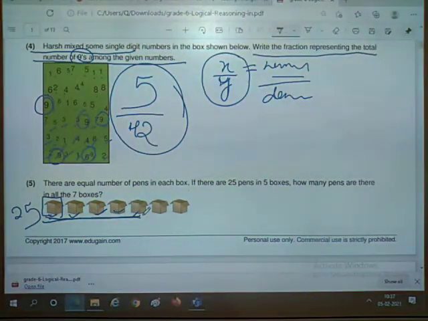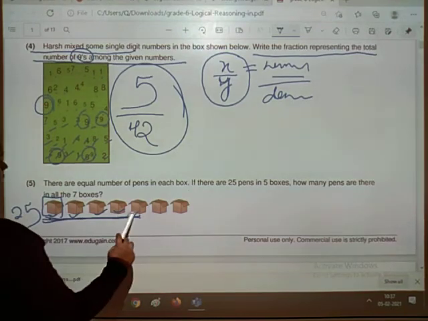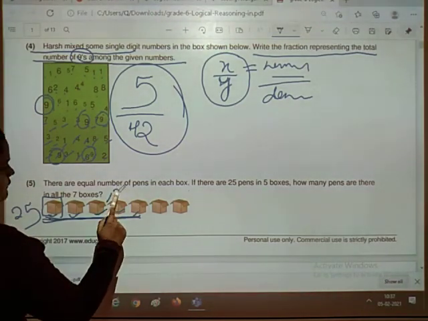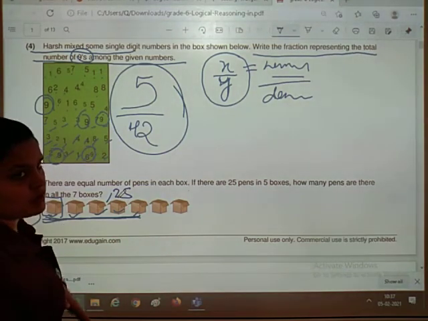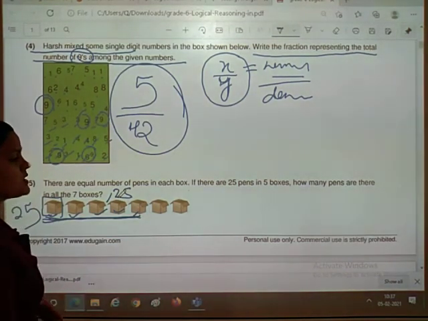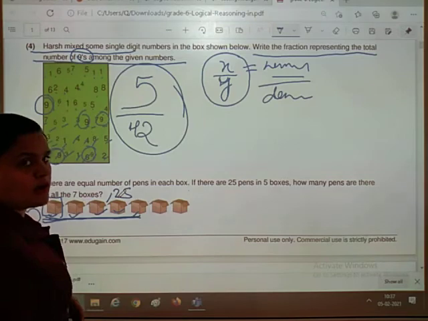Ma'am, there will be 35 pens because there are 5 pens in one box, and multiplying 7 into 5, we will get 35 pens. Very good. So you see there are 5 boxes in which 25 pens are divided equally.